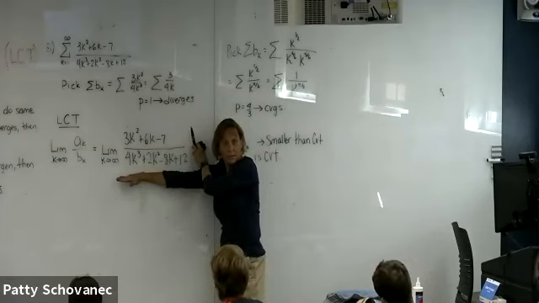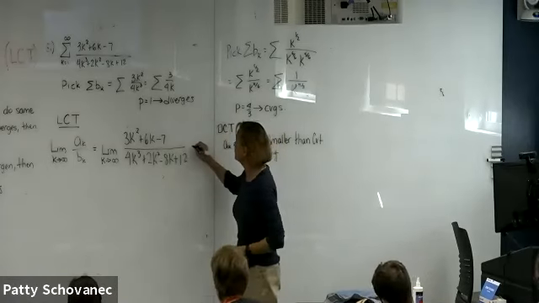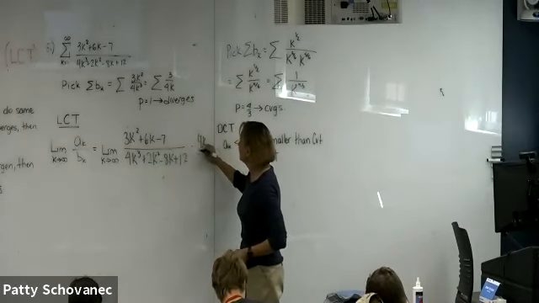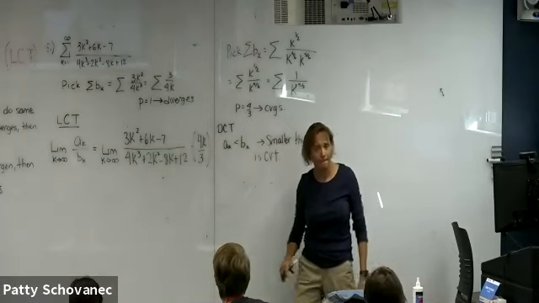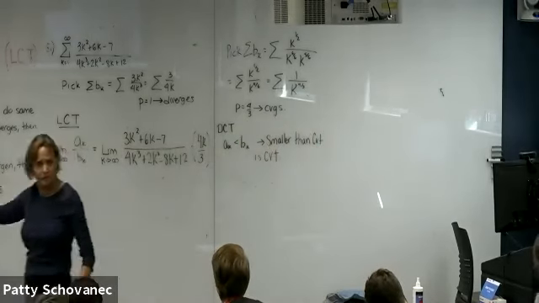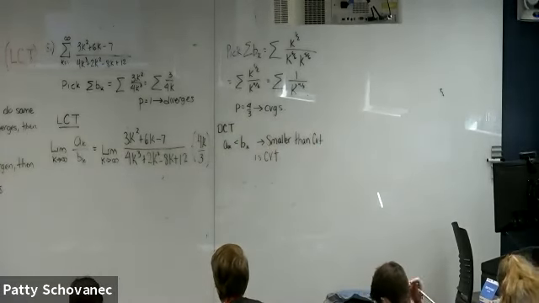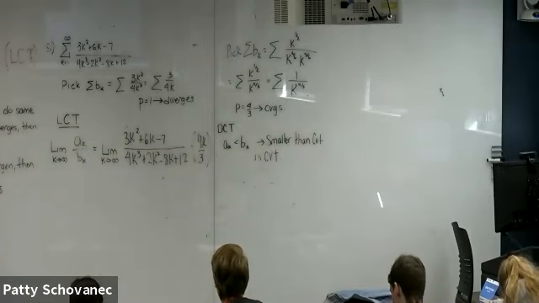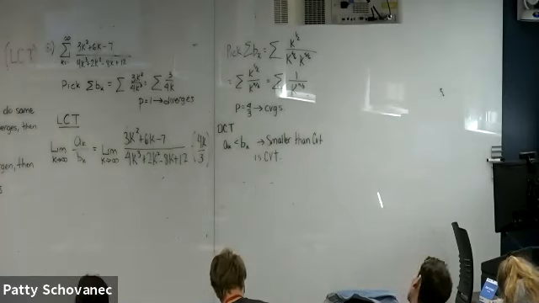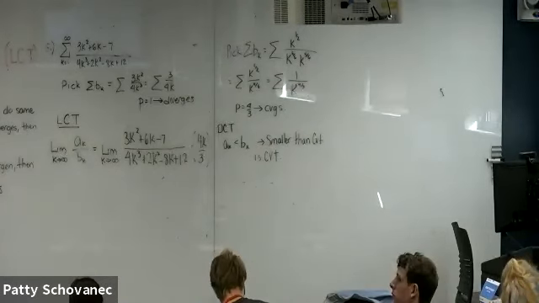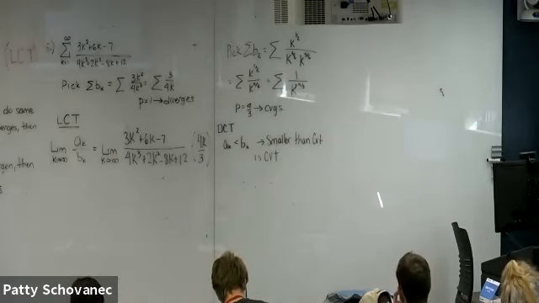Can I go ahead and skip to that step? 4K up here and the 3 there. So when you distribute that 4K through the numerator, you're going to have a 12K cubed plus lower degree terms. When you distribute the 3 through the denominator, you're going to have a 12K cubed plus lower degree terms.